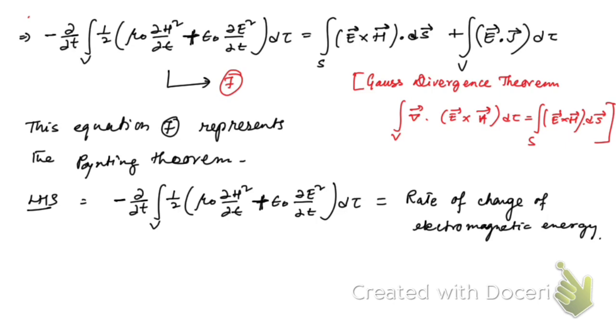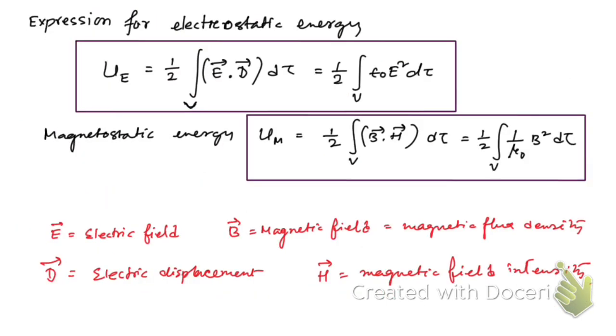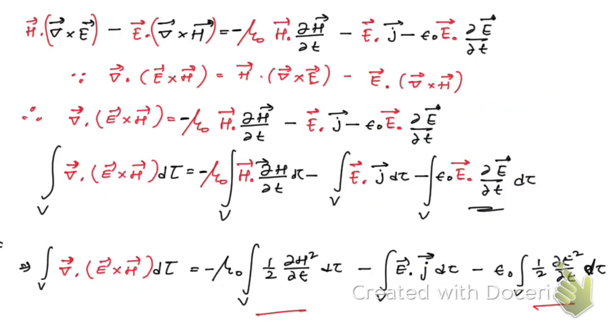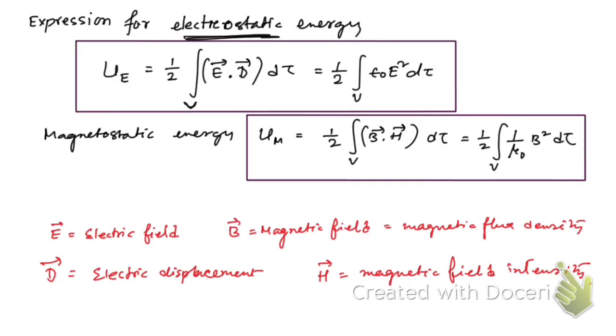Now let me go back to the first slide and show you something. Here this electrostatic energy expression is this. Let me copy this. This was the electrostatic energy, UE, and the electromagnetic energy expression was this.